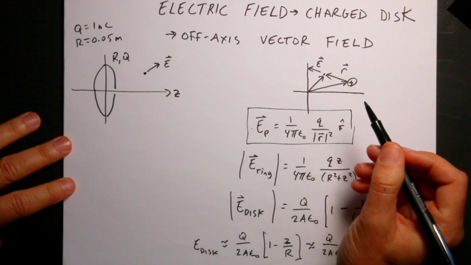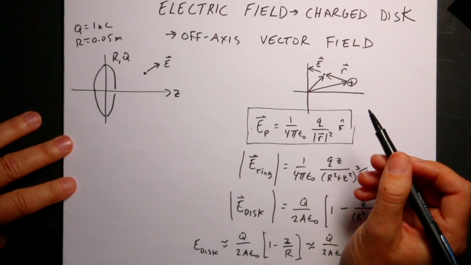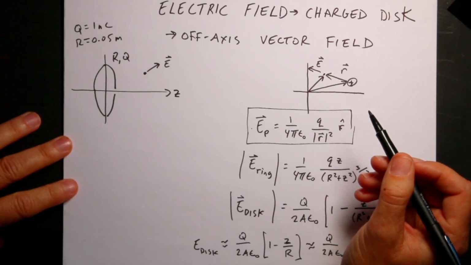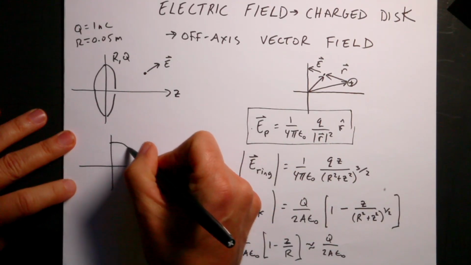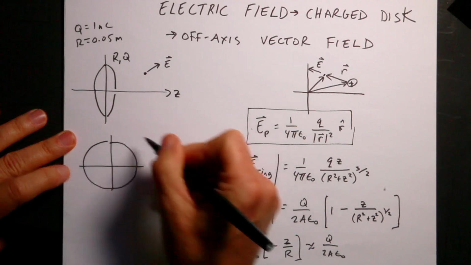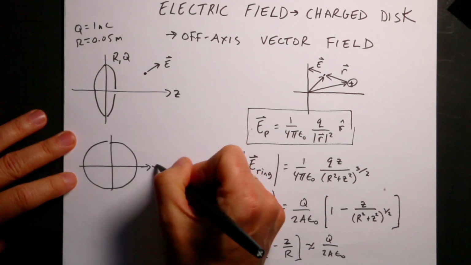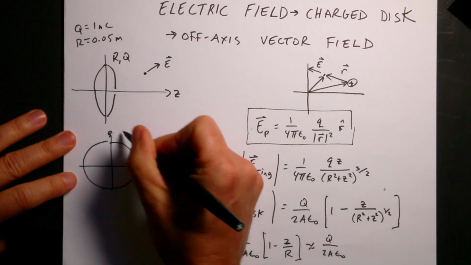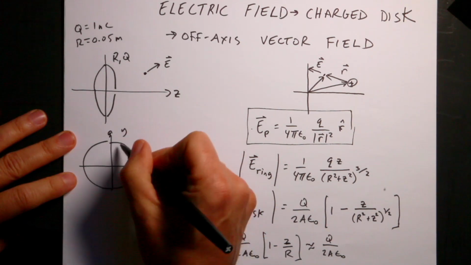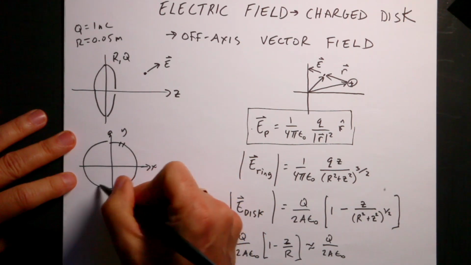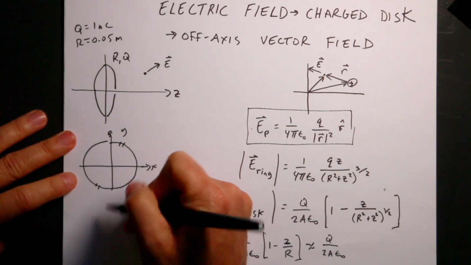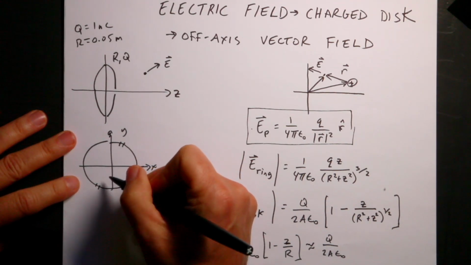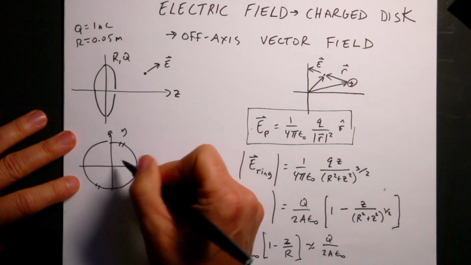So that's fine. And then what do you want to do for a ring? If I have a ring like this, then this is the x, and this is the y, and so z would be coming out of the paper. I can just break this into little points like that, and each point has a corresponding point on the other side, such that the only electric fields that don't cancel are in the z direction, and then you can integrate.